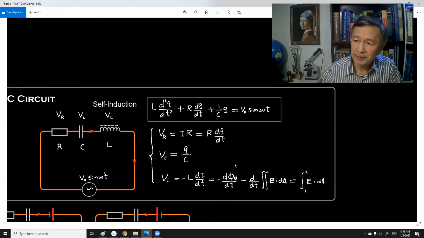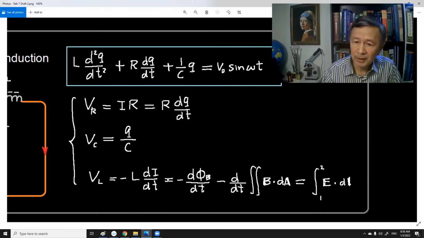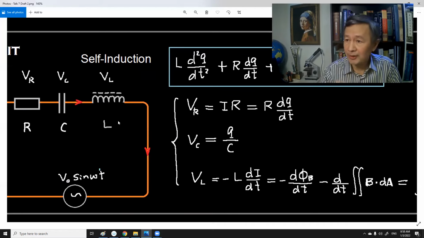But care must be taken when you're dealing with this induced voltage. Here, the magnetic flux is related to the current through the inductor. So this is the so-called self-induction.